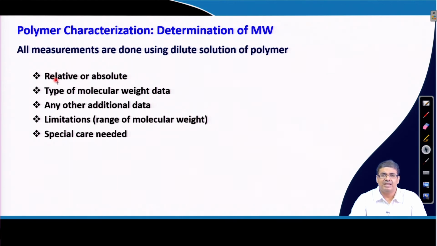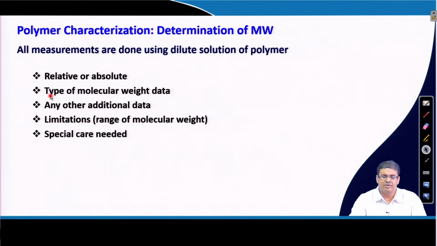For a relative measurement, we require a calibration curve from polymer chains with known molecular weight, but for an absolute technique we do not require any calibration curve from known molecular weight.